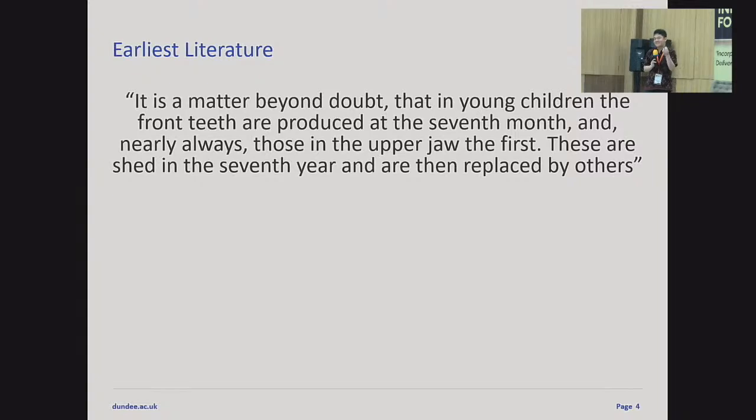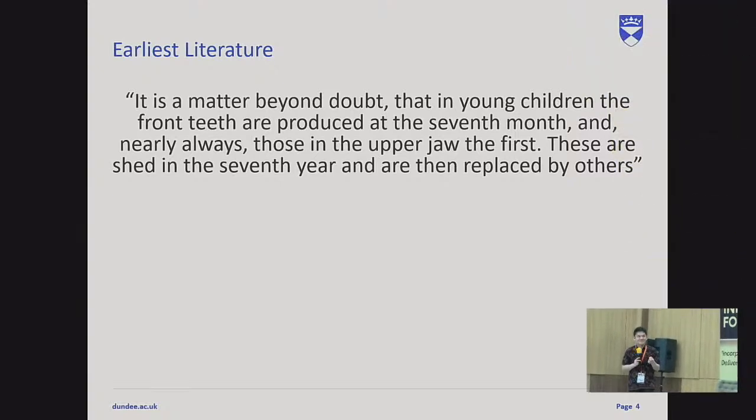This is the earliest sentence that I found for dental age estimation. If you can see, it is really wrong. What the sentence said is, in the 7th month, the upper tooth will erupt first. But we know now that that's nonsense.